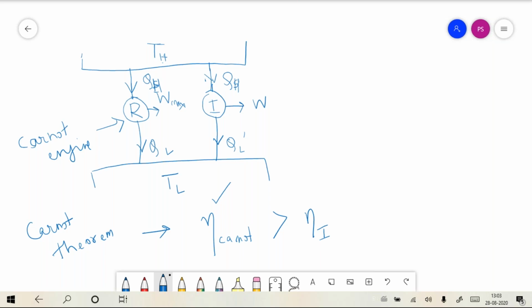So please note that the correct answer is true. Now this is to check some concepts which we had discussed earlier.